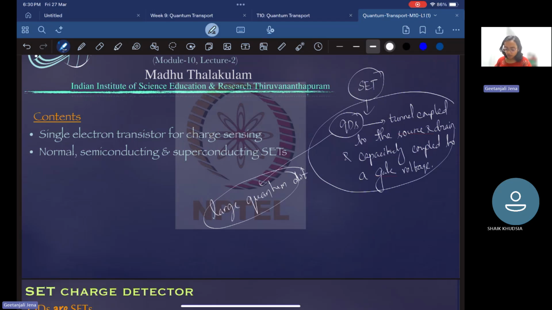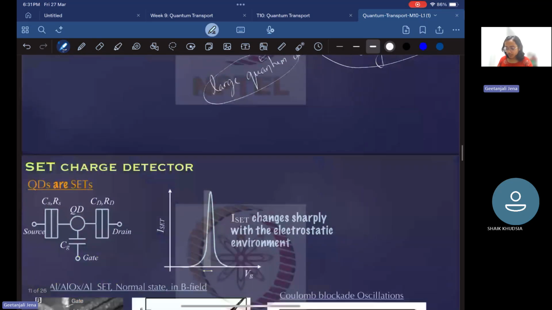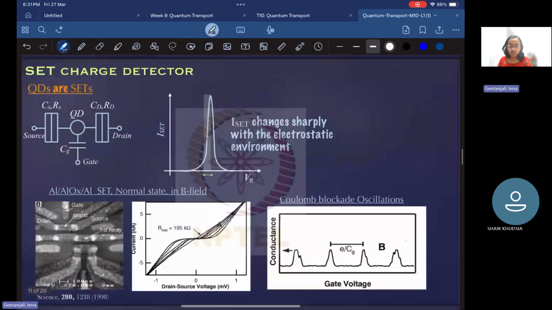Also, we can have different types of SET for the charge sensing. It can be a normal SET or a semiconducting or superconducting SET. We'll see what the differences are between the normal SET and the superconducting SET. For now, let us see the operating principle of this SET to measure the charge.